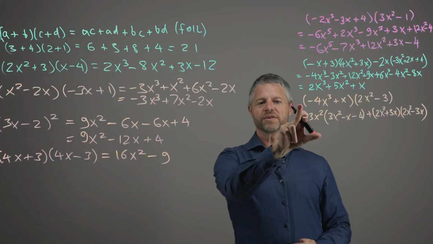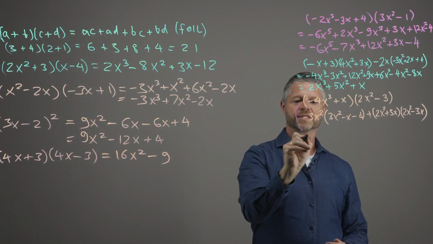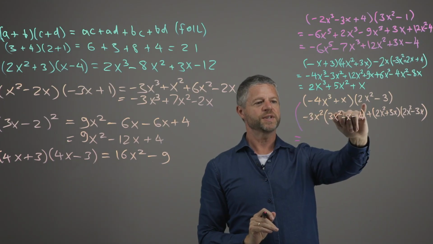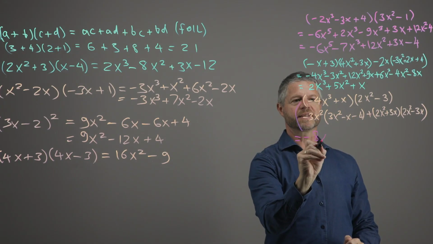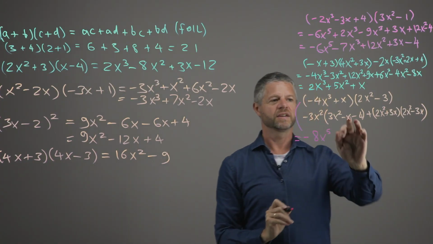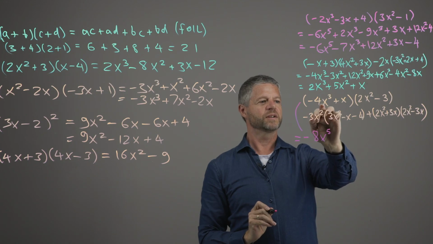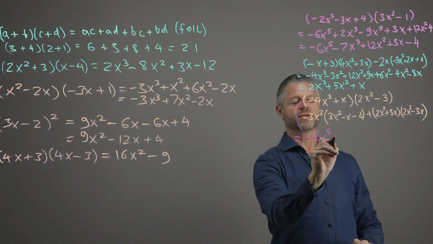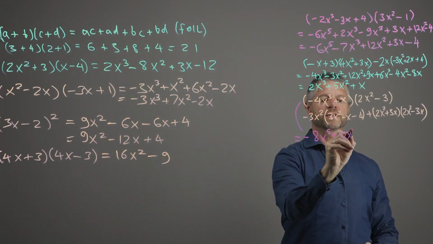So let's see what you got for this first example. So I'll do that here. We've got minus 4x cubed times 2x squared. So that is minus 8x to the 5. And then we've got minus 4x cubed times minus 3. So that will be 12x cubed.